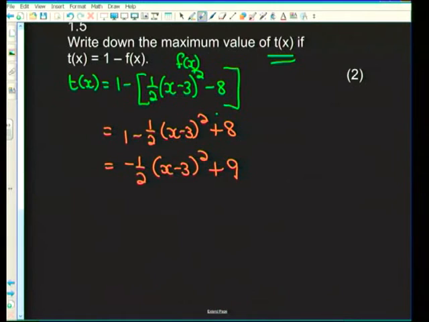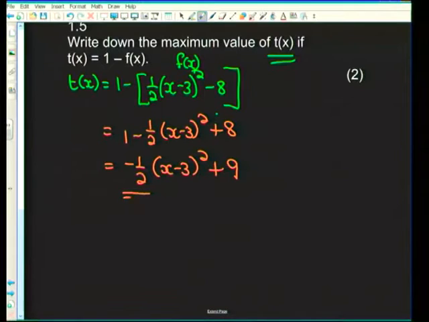Right, so what is the maximum value? Well, the maximum or minimum for a parabola always happens where there is a turning point. Okay, if we think about a cubic graph, which of course is particular to your matric syllabus, we have local maximums and local minimums. So they're not true maximums and true minimums. But a parabola, it's a true maximum or true minimum. If our a value is negative, we know it's a sad graph, so it's going to go like this, which means it has a maximum value.